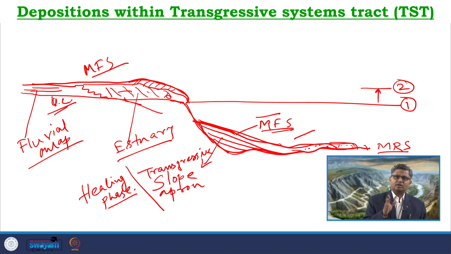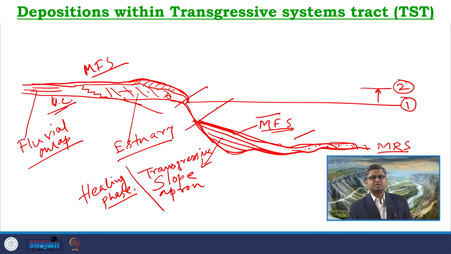These are the dominant areas where we can expect deposition, formation of sedimentation packages, formation of the systems tract during a transgressive phase. The intermittent area, for example this part, is devoid of any deposit, so we cannot get any transgressive package over here, and we cannot trace the maximum flooding surface over here.